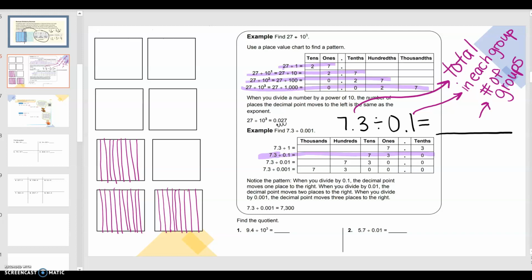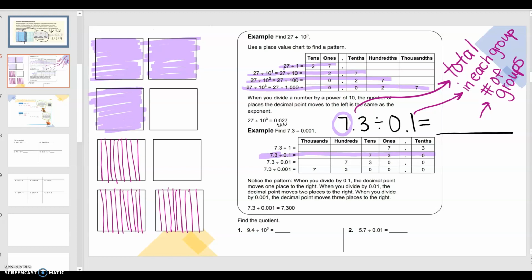Basically what we're saying is we have 7 wholes to start with. So if 100 is a whole, this is 1 whole, 2 wholes, 3, 4, 5, 6, 7.